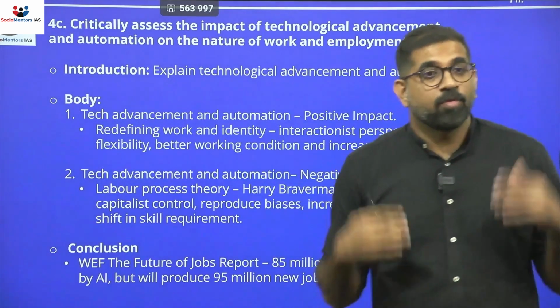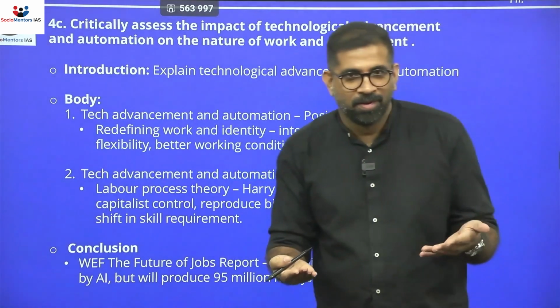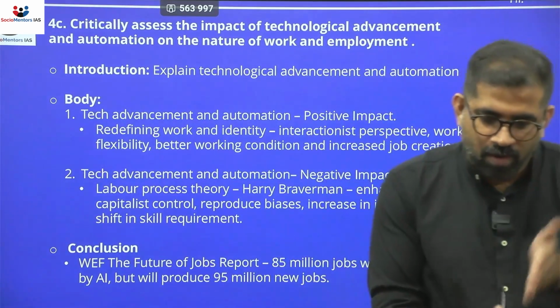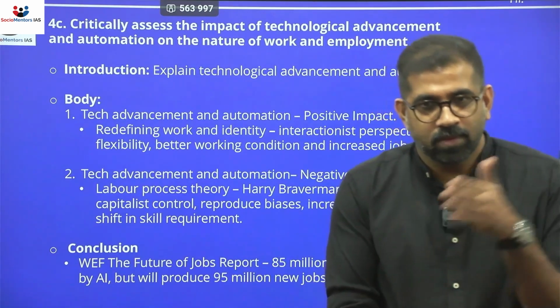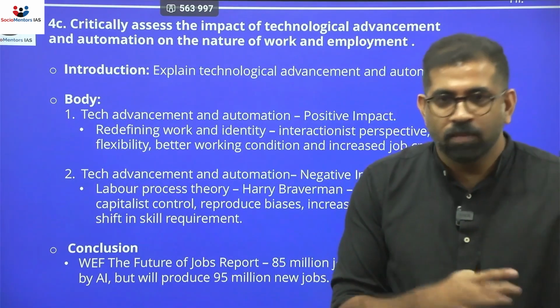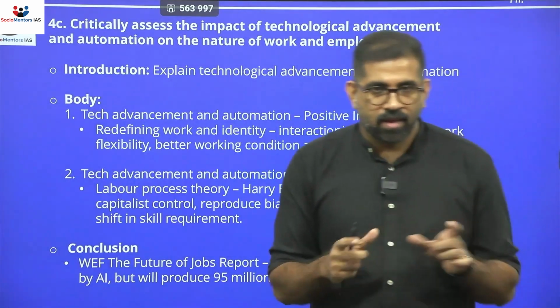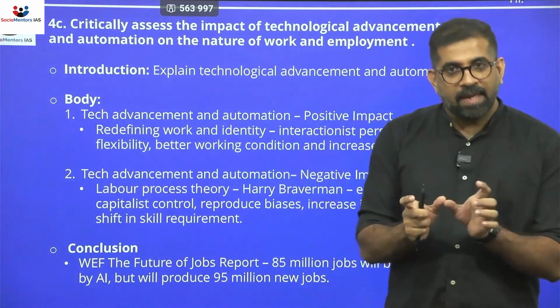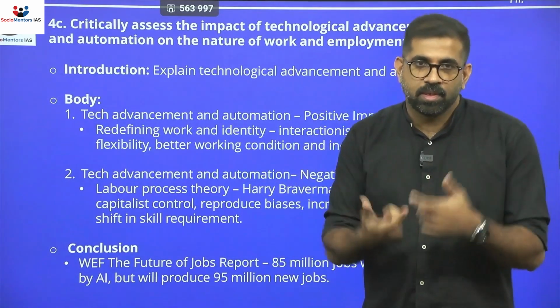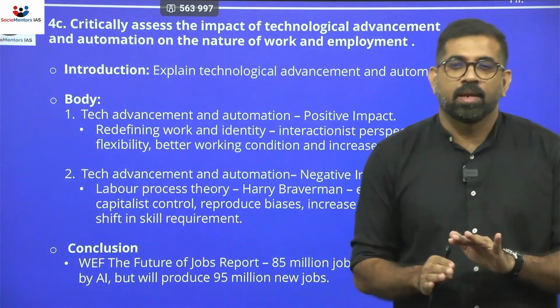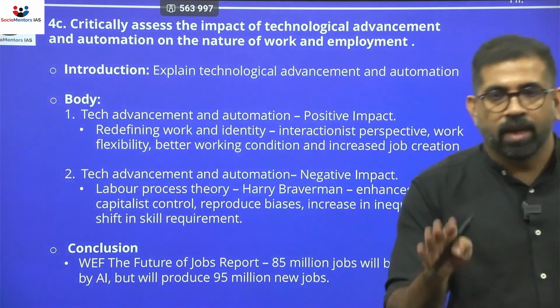So you also have to use your rationality, your logic there, because if you start separating technological advancement and automation, you will end up writing similar points in both parts. If two things are entirely different, you should consider separating them. If it is one and the same, overlapping, then you can address it as a single heading.